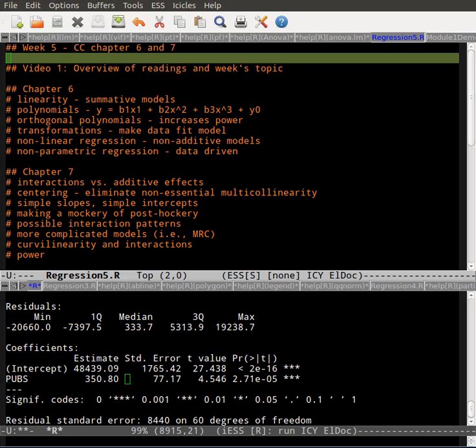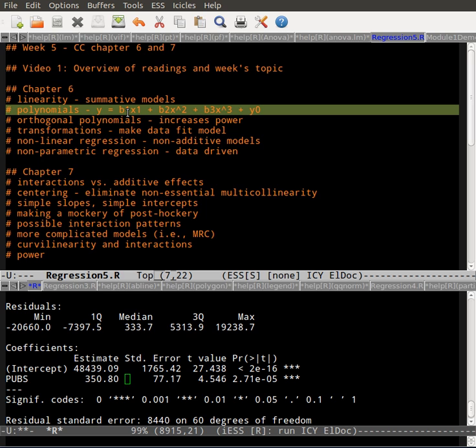And a good example is that we could have polynomials, where here in this line you can see that we have 3 regression coefficients, b1, b2, and b3, but they all deal with x. And here's x1, and then x1 squared, and then x1 cubed.